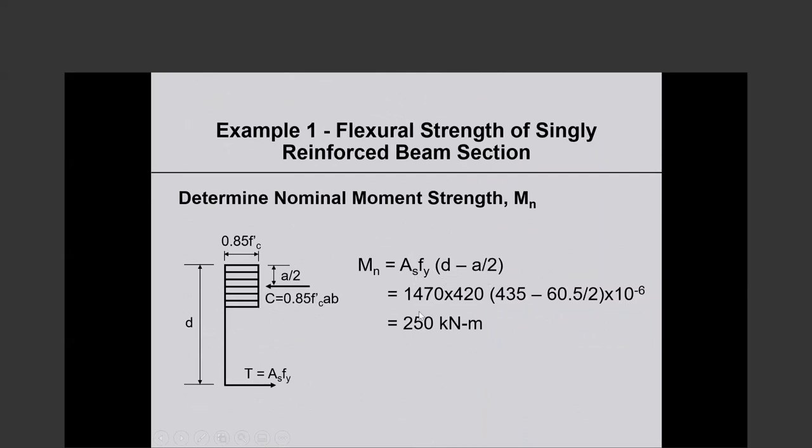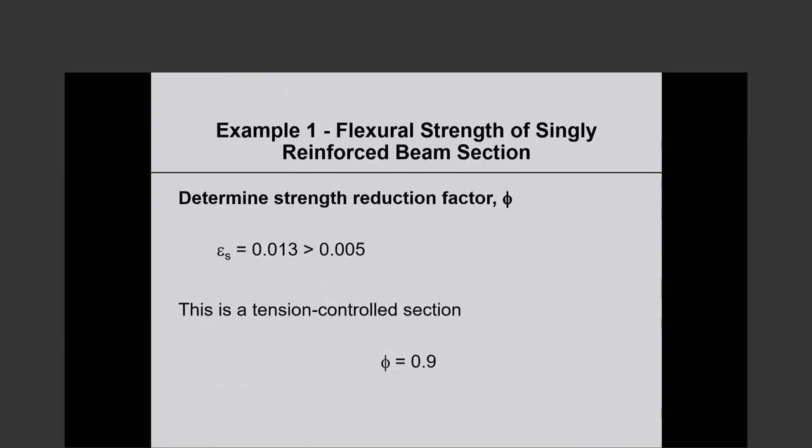So A sub s is 1470 square millimeters, f sub y is 420 MPa, d is 435 millimeters, a we calculated 60.5 millimeters divided by 2, and all of that gives us 250 kilonewton meters of nominal moment strength. Okay. Pretty easy calculation.